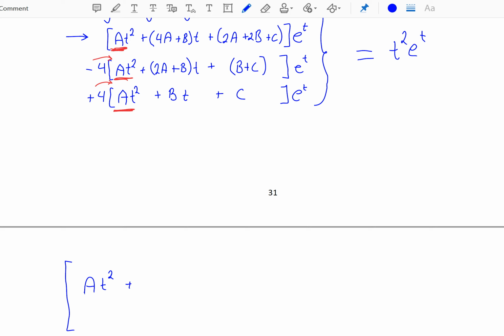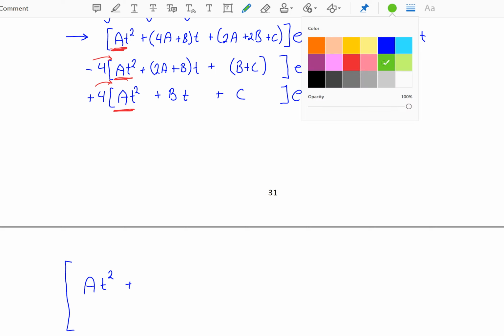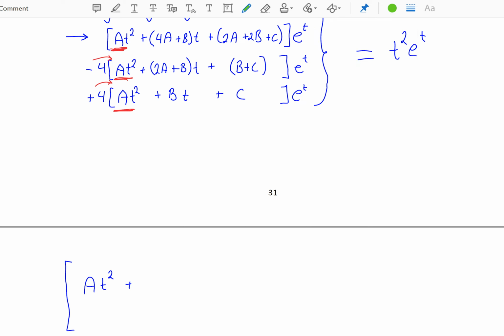Now let's go to the terms that have a t in them. I think we're going to have this 4a plus b, don't forget minus the 4, times this 2a plus b, and then multiply this 4 in, times this b. I think we're going to have the first one, which is the 4a plus b.